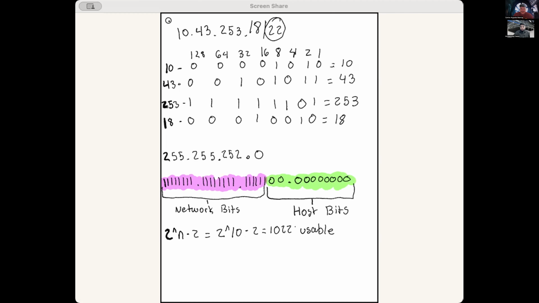We subtract this number from it: 256 minus 252 equals 4. So the third octet increments every 4.